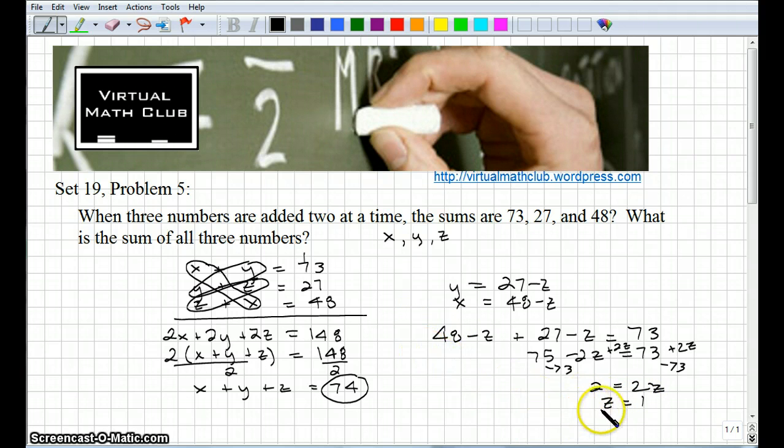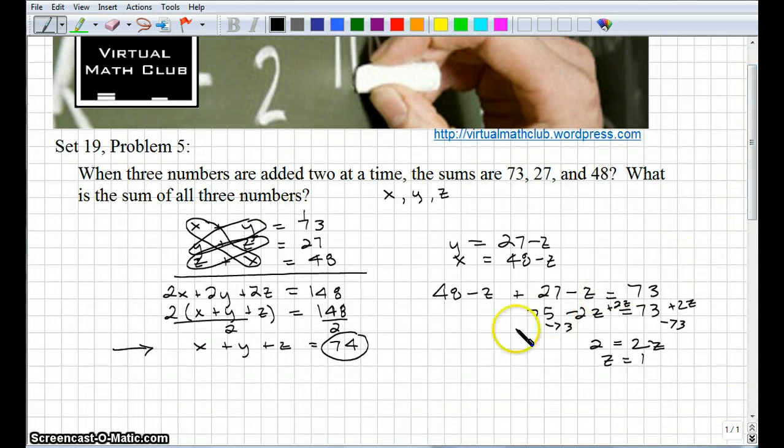They didn't ask you to solve for each of the variables. This is the quick way to do it, alright? But in case you didn't see that, you want some proof that that actually works. I'm doing it the other way, okay? So if I have z equals 1, then I can solve for x and y using these equations right here. So I'll get x is equal to 48 minus 1, if z is 1, so that's 47.